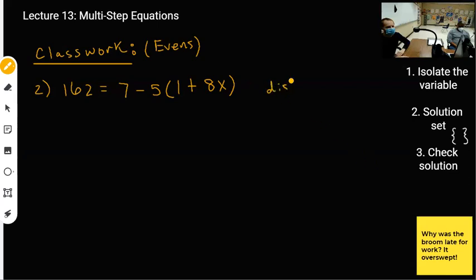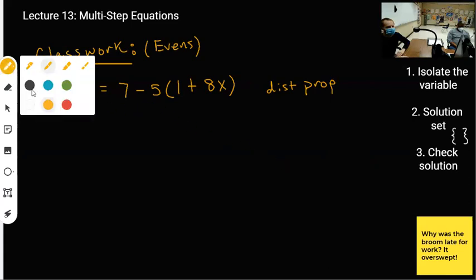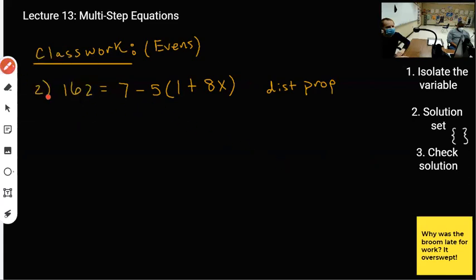So I'm going to write distributive property. We're going to be identifying what's on the outside and what's on the inside. Outside the parentheses, we have a -5. We're going to take that -5 and multiply it by everything that's on the inside.